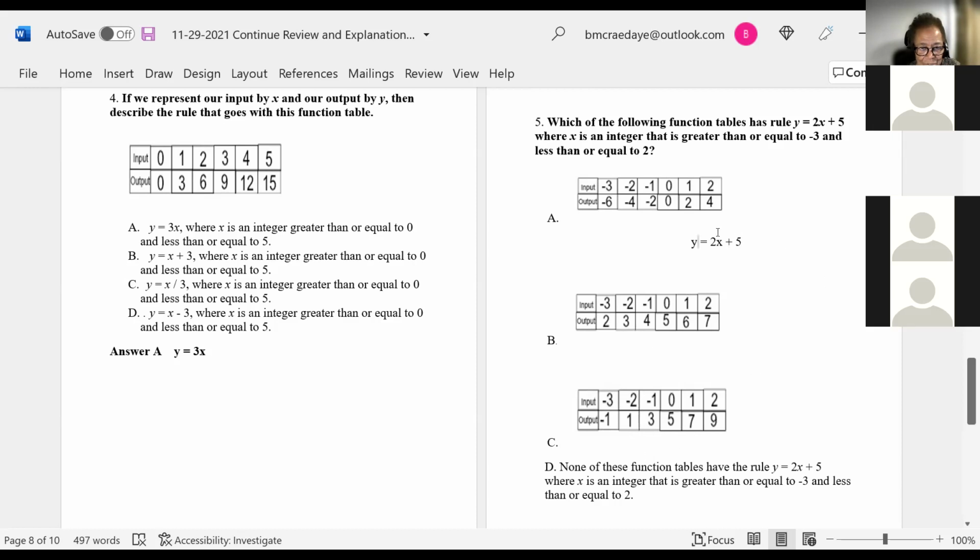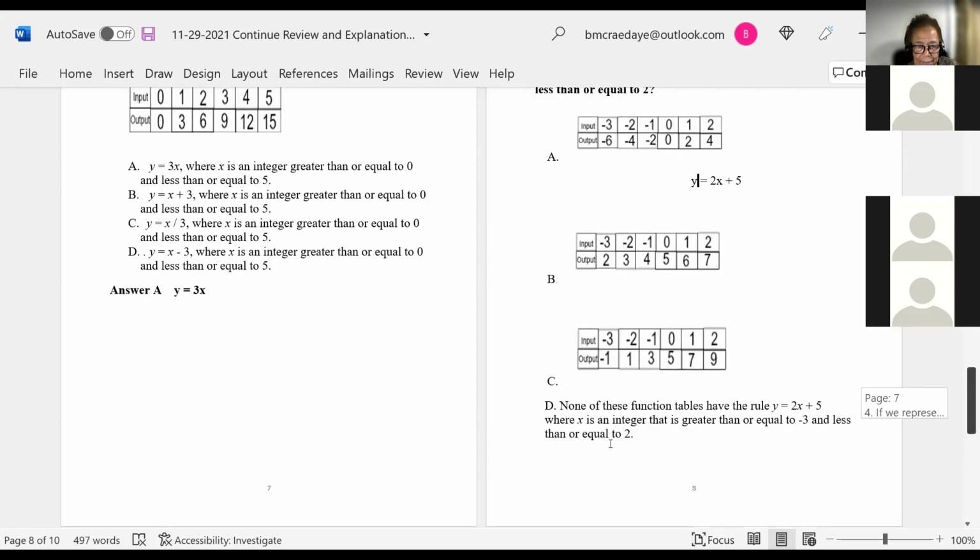So we see that works. 2 times 0 is 0. 0 plus 5 is 5, right? 2 times 1 is 2, and 2 plus 5 is 7. 2 times 2, substituting the x, is 4 plus 5 is 9.